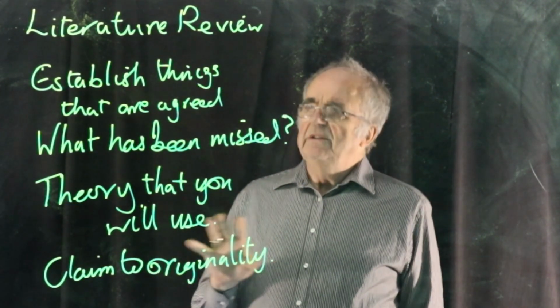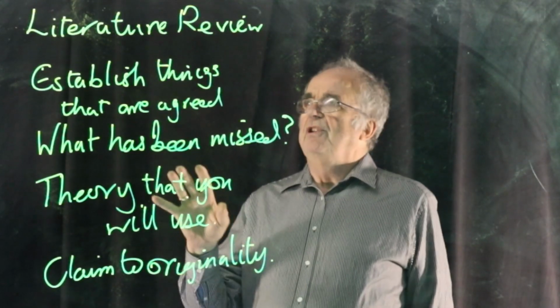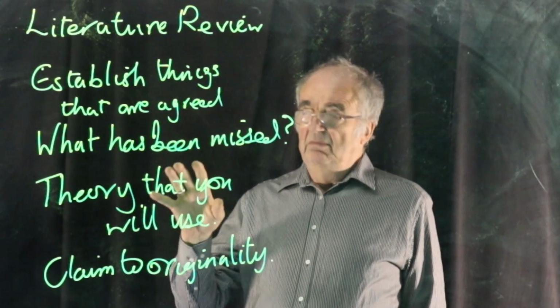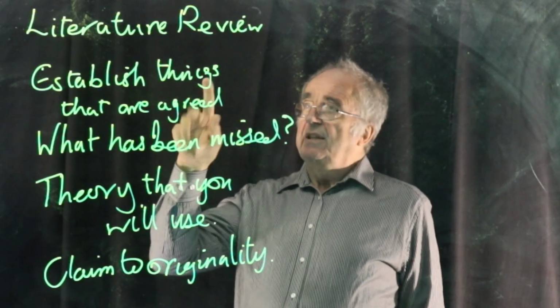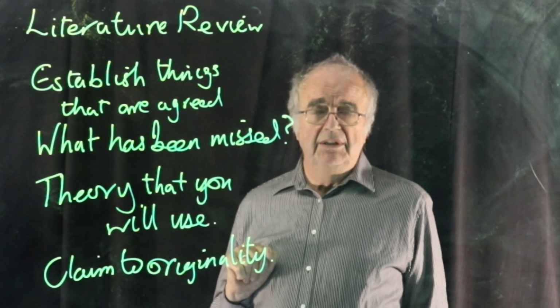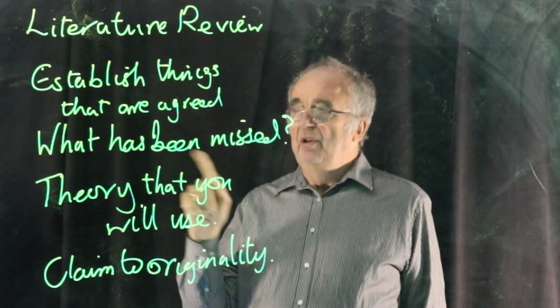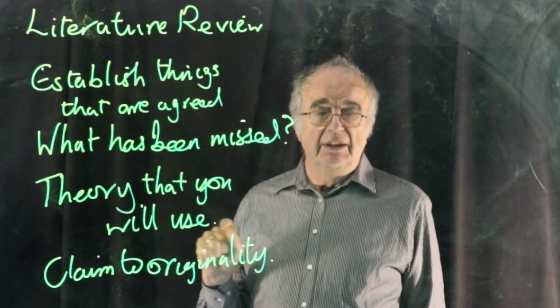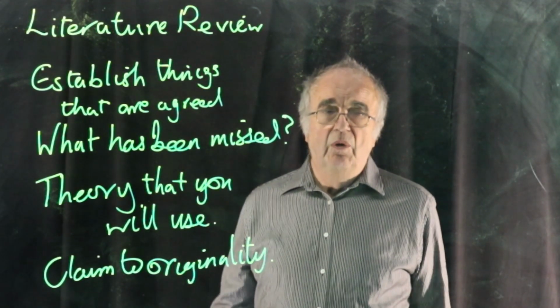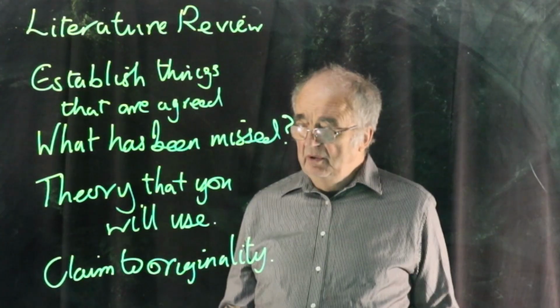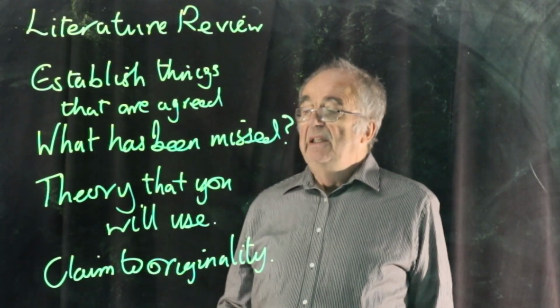So there's a number of jobs that the literature review has to do. At the beginning of your study, it has to set out the things that are already agreed, already established. It has to show what's been missed previously, where you can fit in, what debates you're going to provide an answer to.